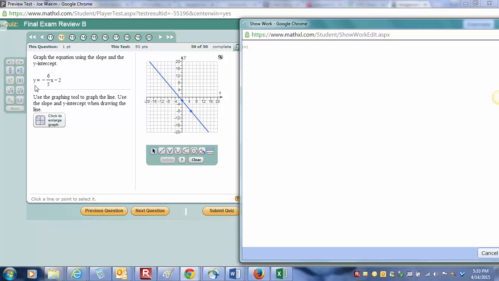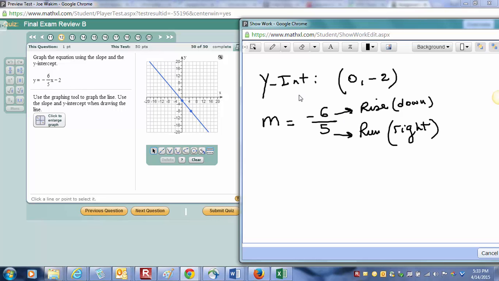First of all, when you have an equation written in this format, the y-intercept is (0, -2), because what you are doing here is comparing this equation to the slope-intercept equation, y equals mx plus b, where b is the y-coordinate of the y-intercept. So b in this case is negative 2, and it's the y-intercept, so that's why I have a negative 2 here. Then negative 6 over 5, I put the minus sign in the numerator.